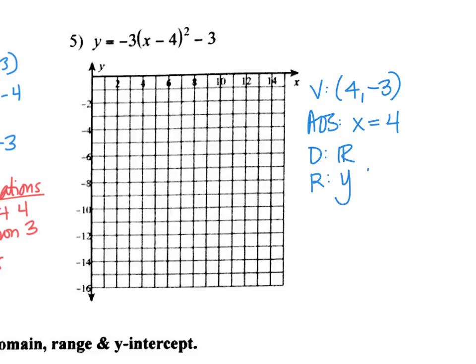Range, y is less than or equal to this time because it's opening down, and it's less than or equal to -3, not because of the -3 at the beginning, but because of this -3 from the vertex. So if I plot those things, 4, -3, axis of symmetry is at 4, and then this is opening down, so I'm just going to make this open down. We'll talk about how to make that look a little bit better next week.